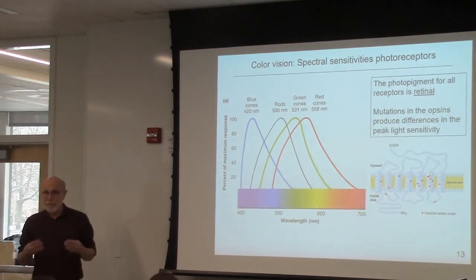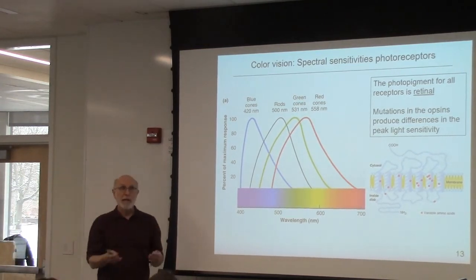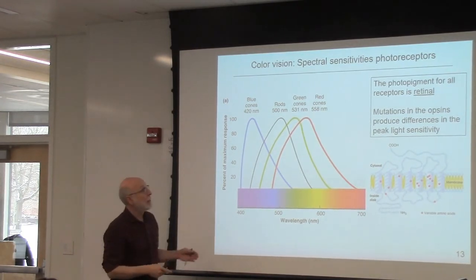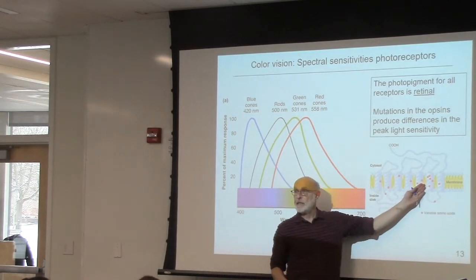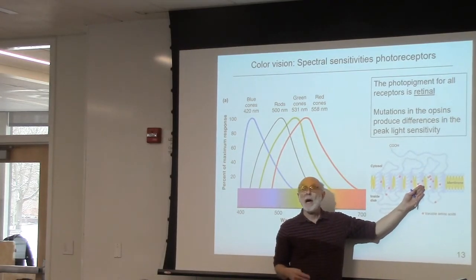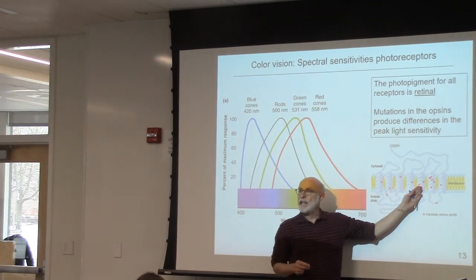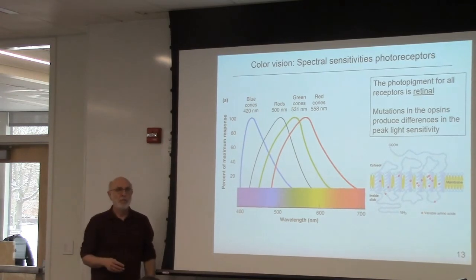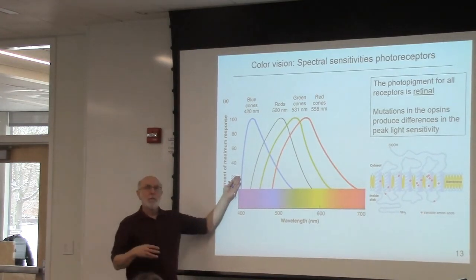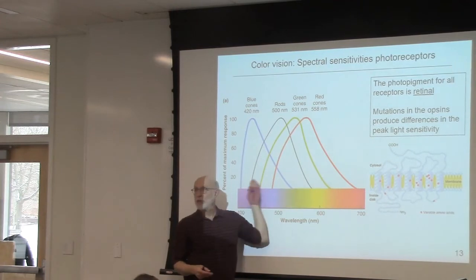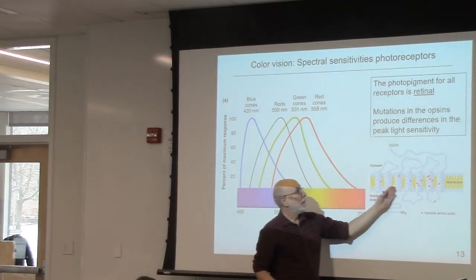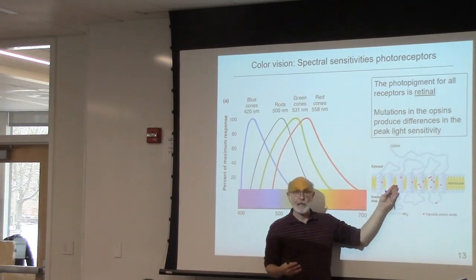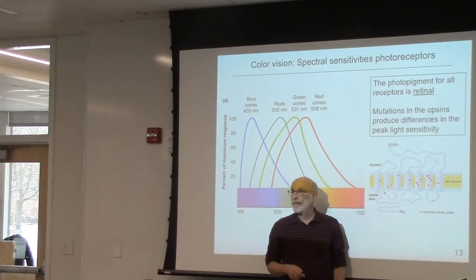All of these, the photopigment, the thing that actually absorbs the light of various wavelengths, is still retinal, but what is different are subtle amino acid replacements in the opsin that change the sensitivity of the retinal to light and give each opsin with its retinal a spectral range. So the receptor environment is changing the absorbing properties of the retinal that's embedded in it.